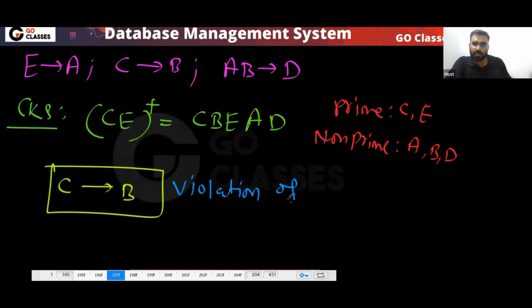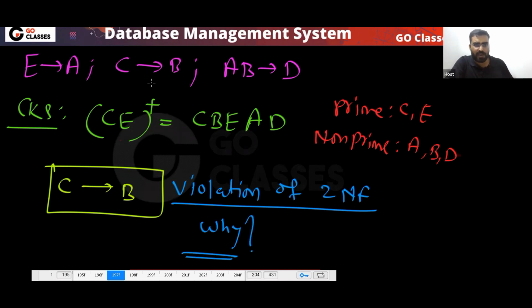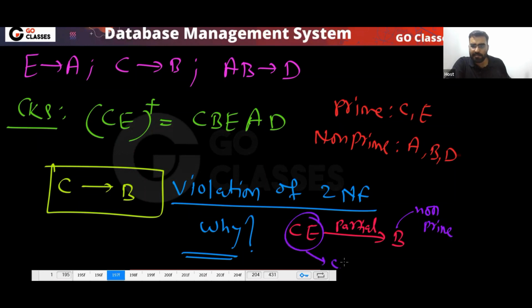This is the violation of 2NF. Why? Tell me why. This is a violation because C partially determines B. You can notice this is non-prime and this is the candidate key.